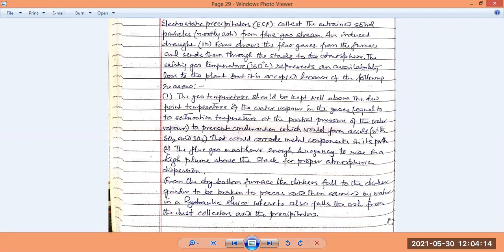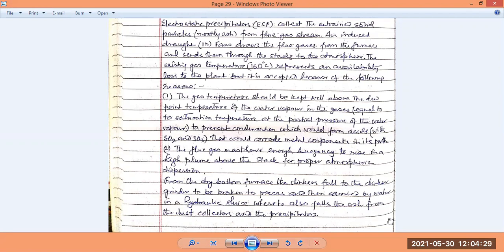From the dry bottom furnace, the clinkers fall to the clinker grinder to be broken into pieces and then carried by water in a hydraulic sluice, where the ash from the dust collector and electrostatic precipitators also falls.